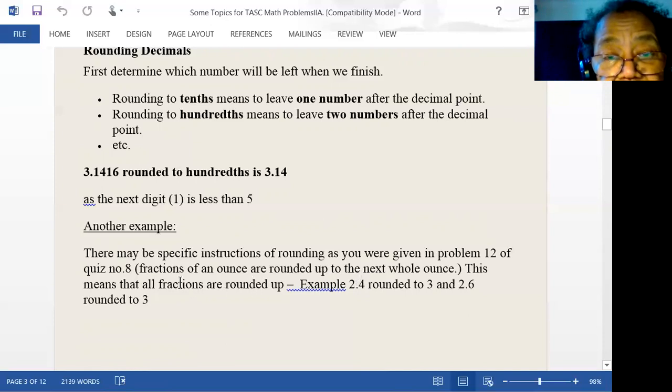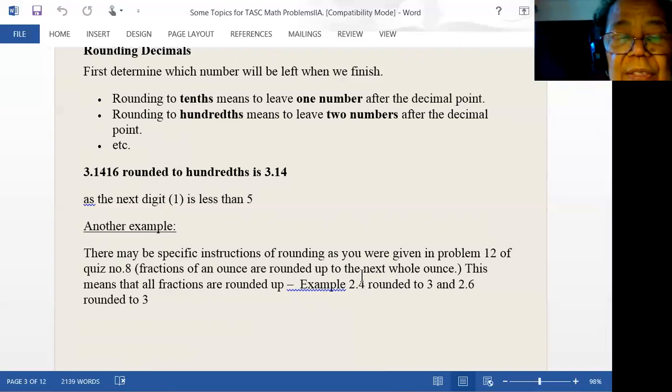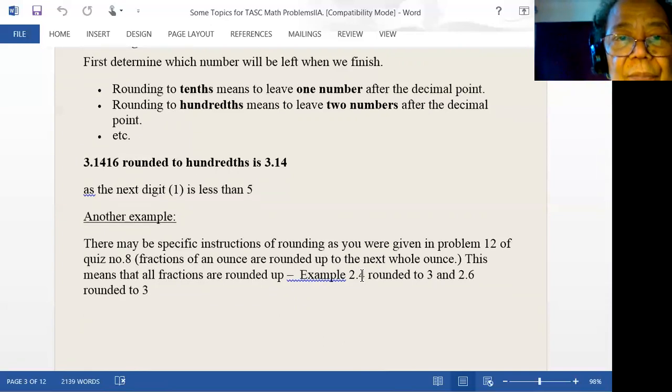And 2.6 would also round to 3, where any fraction is rounded to the next number. So those are specific instructions that you have to look for. And I think you had something like that in a problem in your quiz number 8.